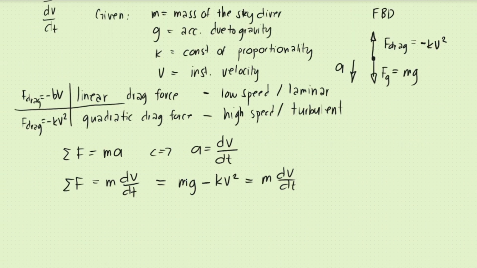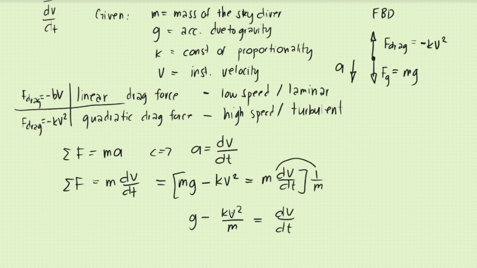Next, we divide both sides of the equation by m, so that will be mg over m. That leaves us with g minus kv squared over m, right? Kv squared times 1 over m is equal to, m dv dt over m is just dv over dt.